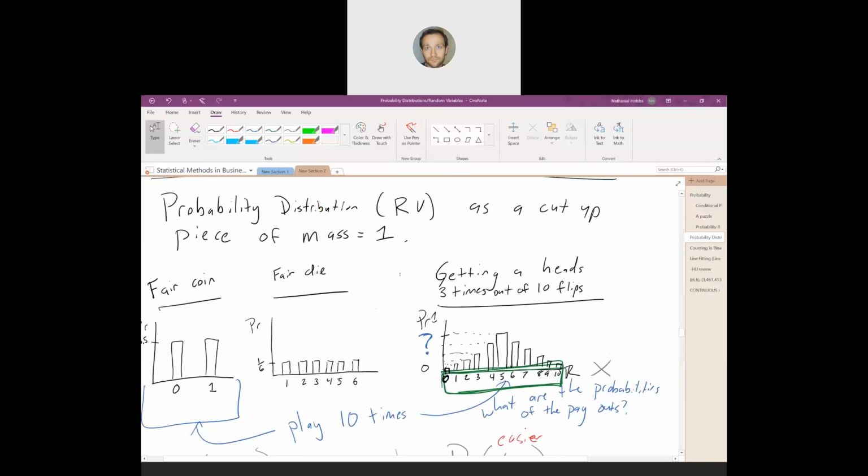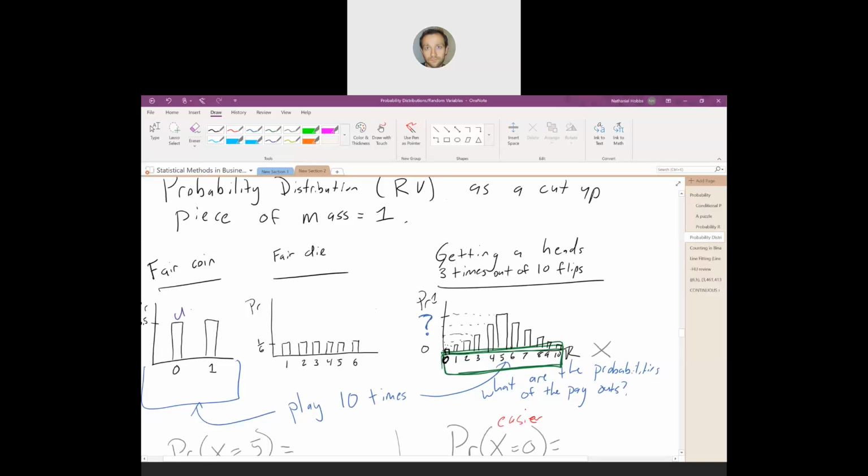Here, this is uniform. This is uniform. This one is binomial. Those are the two that we talked about, basically. There's more, and if you're interested, there are fields of math that you can delve into.